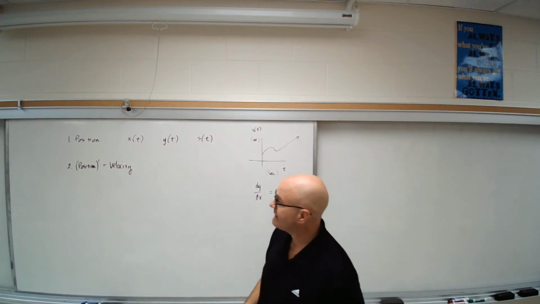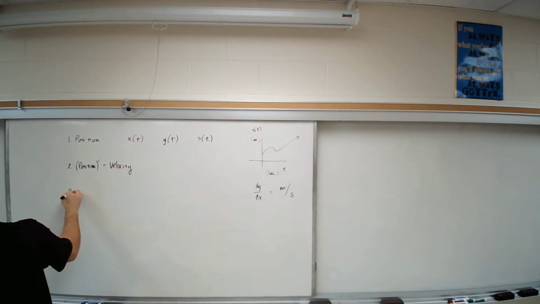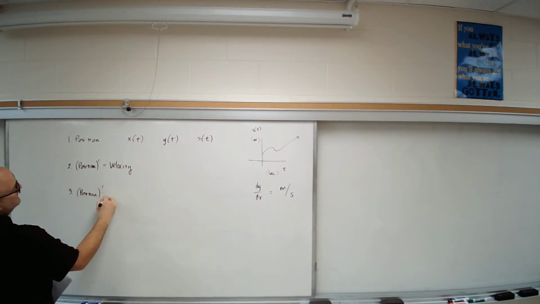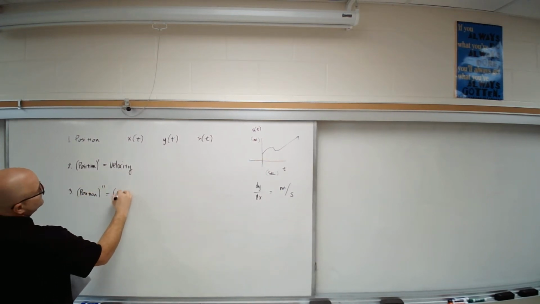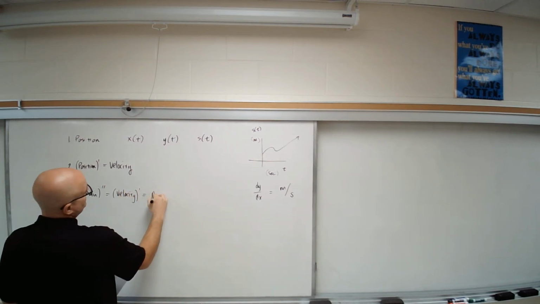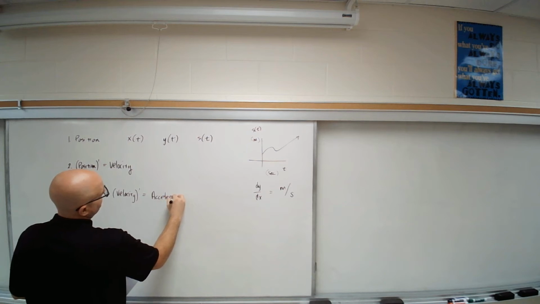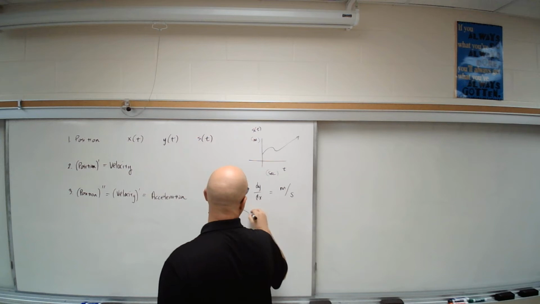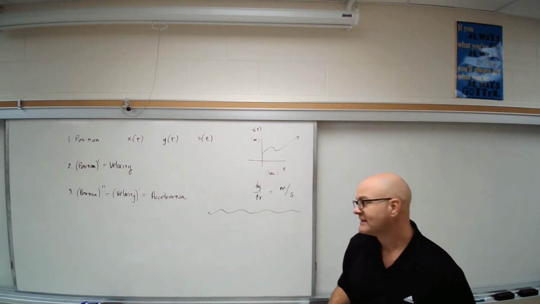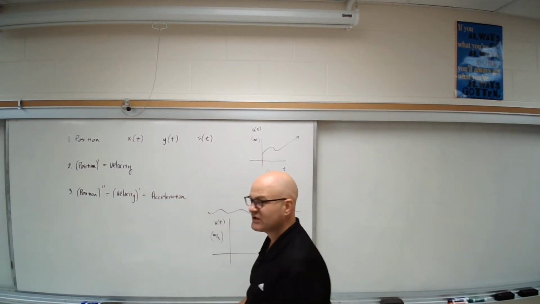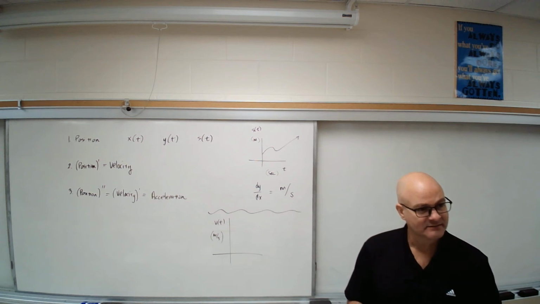So that's our velocity. The other function we want is the second derivative of position, or the first derivative of velocity, and that's called the acceleration. If we think about units for a velocity function, we would have meters per second on our vertical axis.